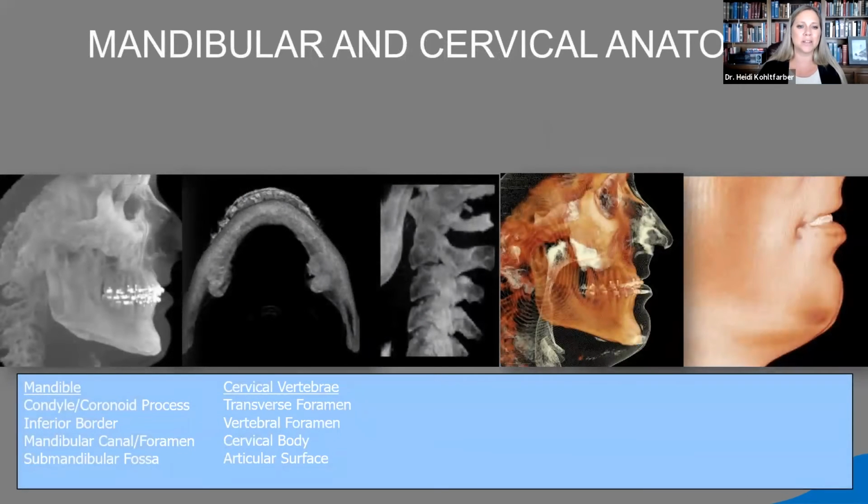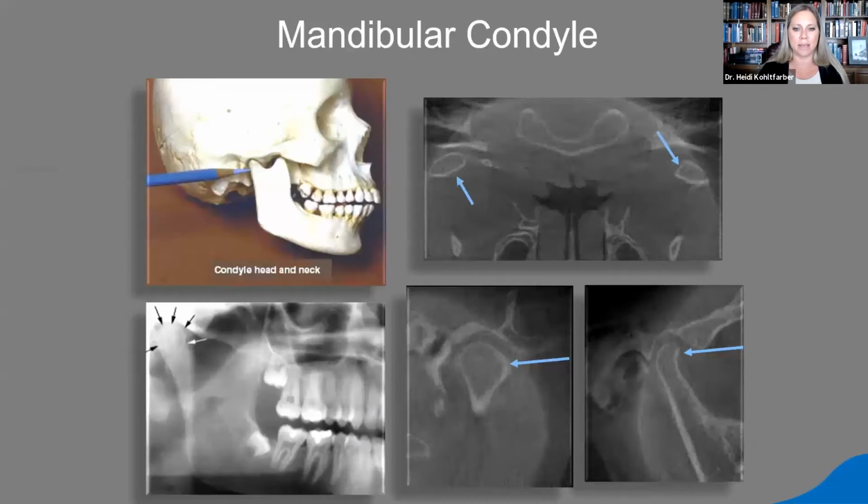All right, we're going to move into the mandibular and cervical anatomy. We're going to pick up right where we were before, and we have our condyles. So you can see again, we have this nice, smooth, intact cortical borders. Again, letting us know we have a healthy temporomandibular joint.